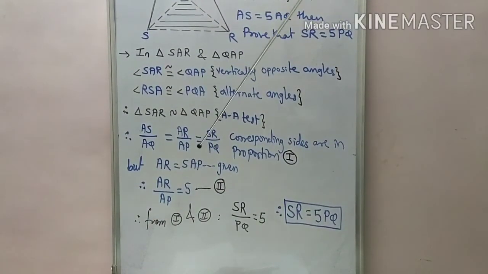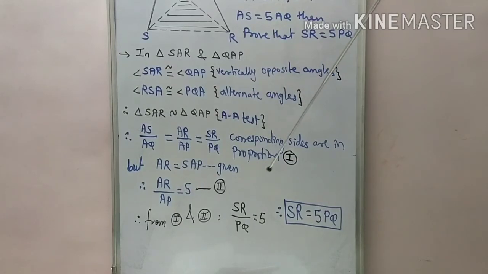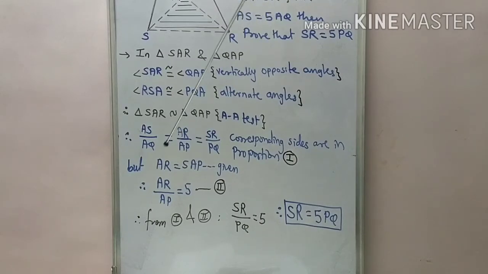Then we take the corresponding sides which are in proportion, and according to the given part, take any one of the given parts. So you get the ratio value as 5. Compare it with the last ratio SR upon PQ as 5, and then by cross multiplication you get SR equals 5 PQ. Okay, so this example is also for 3 marks in exam.